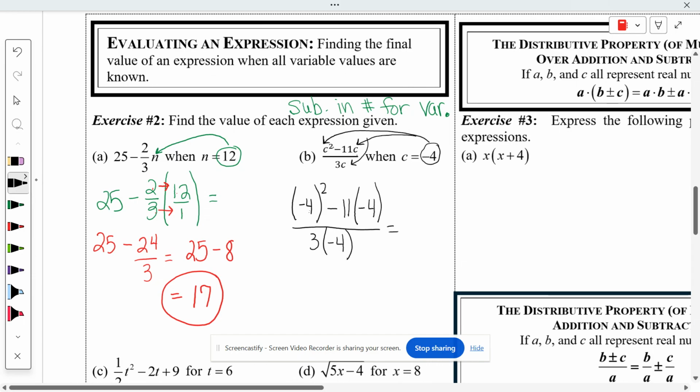All right, -4 times -4 is +16, and -11 times -4 is +44. Over 3 times -4 is -12. 16 plus 44 is 60. So I have 60 over -12. And 60 divided by -12 is -5.